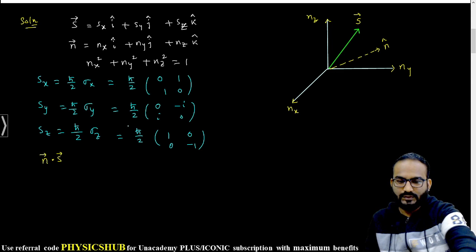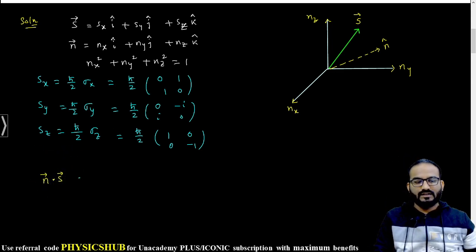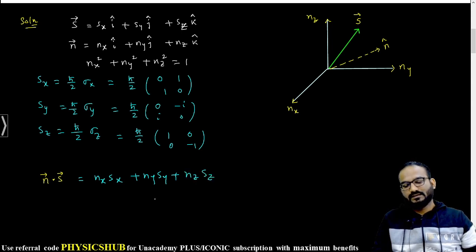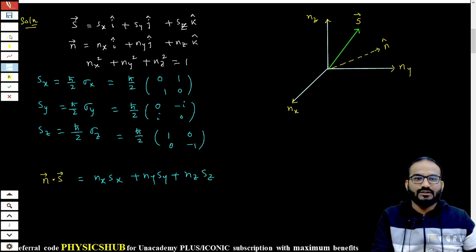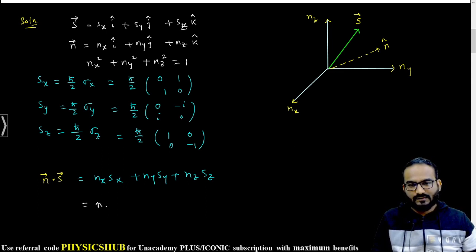Okay, now we are in a position to calculate this n dot s. What is the value of n dot s? It is nx sx plus ny sy plus nz sz. So we can just put in the values of sx, sy and sz.